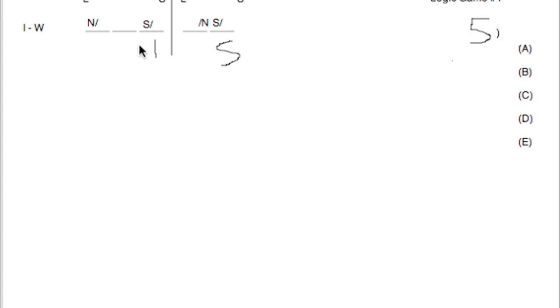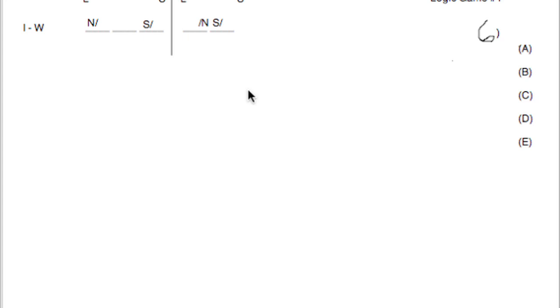So since we got to put W somewhere within segment 2, it'll have to go in the first space. Now we've got remaining N and T. N's always the first within its segment, so N will go on 1 here, and T will go on 2. So we have N, T, I in segment 1, then W, S in segment 2. Completely resolved, no ambiguity at all. A is our answer. Pick it and move on.